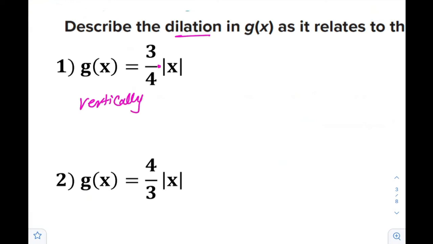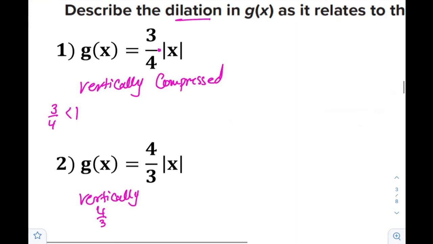Stretching or compressing? It's 3 over 4, which is less than 1 outside, so it is vertically compressed. Here it is outside as well, so it is vertically affecting, but 4 over 3 is more than 1, so it is vertically stretched.